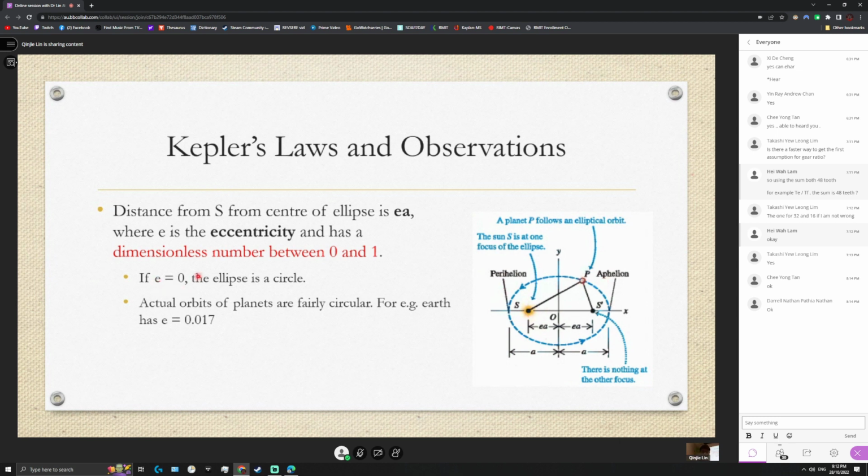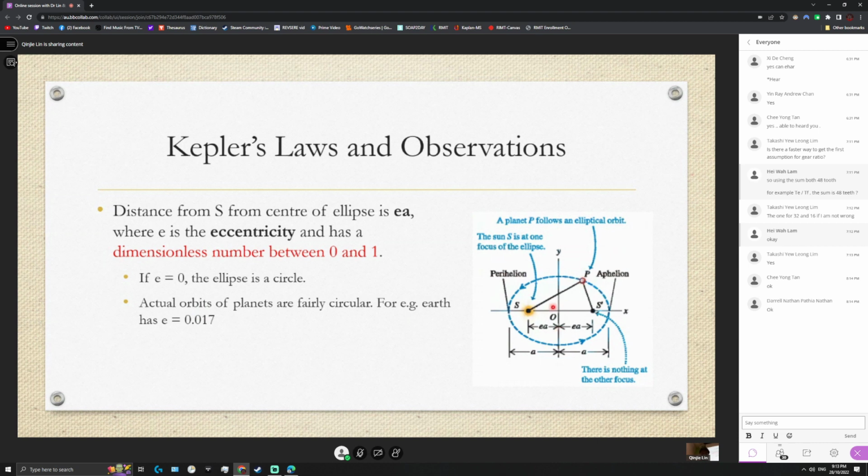Okay, if E equals 0, that means the sun is right at the center. It means the orbit is circular. Actual orbits of planets are fairly circular. For example, Earth has E equals 0.017. That's very small. So Earth rotating around the Sun will have this E here as 0.017.